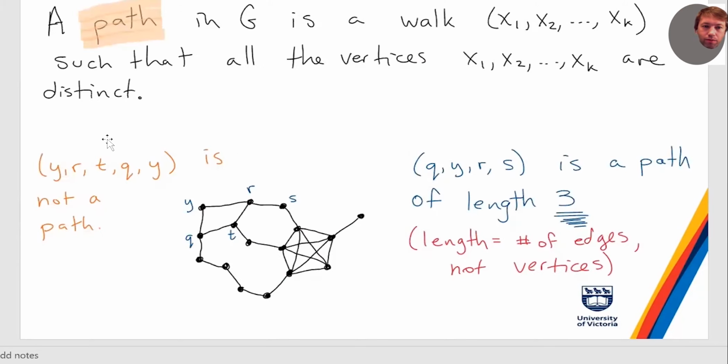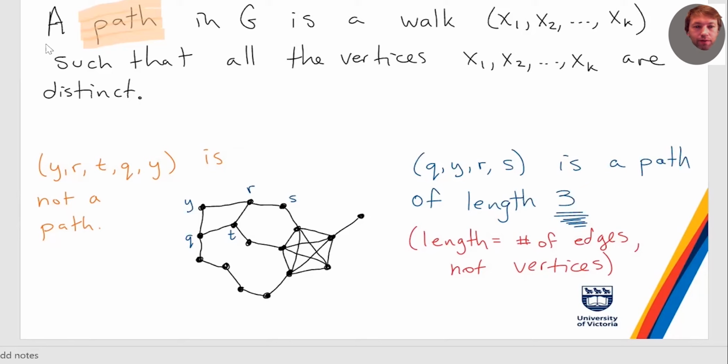Now, we're sometimes interested in special types of walks. Remember I said a walk can basically do whatever it wants. It can retrace its steps, it can go backwards where it came from, it can come back to the same vertex over and over. But sometimes we're interested in a more restricted type of walk. So for example, a path is a walk that doesn't come back to the same vertex.